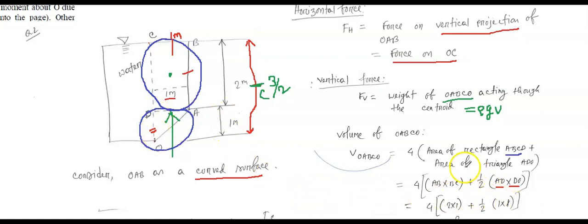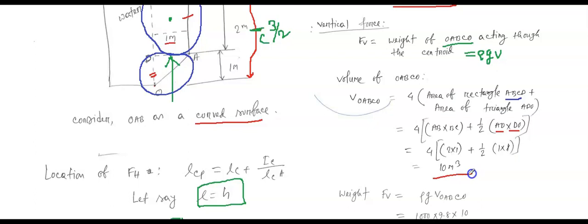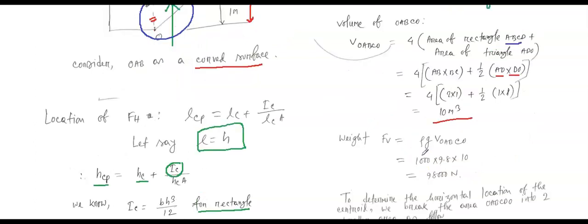So this is also 1. And when you simplify, you get 10 meter cubed. And now we need to calculate actually the weight. And this is rho g and the volume. So this is the volume we calculated. So let's say it is 10. So we got 98,000 Newtons.